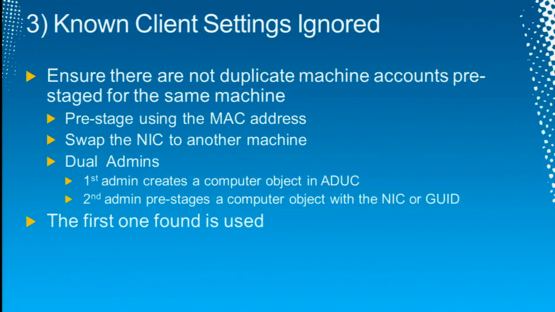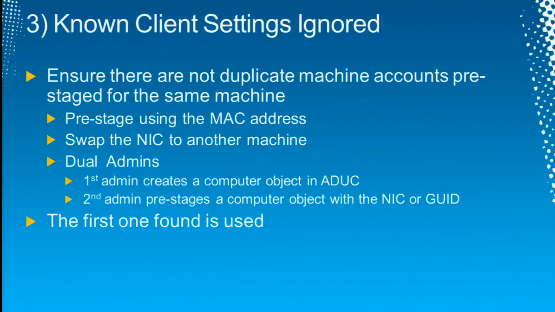All right, you've gone to all the trouble of pre-staging your clients in Active Directory Users and Computers, but some of the settings aren't taking effect as if it were a pre-staged client. Some of the problems you can run into: pre-staging using a MAC address, swapping that NIC to another machine so now the MAC address is different, replacing the NIC so the MAC address is different, or having multiple computer objects pre-staged in Active Directory for the one same machine.